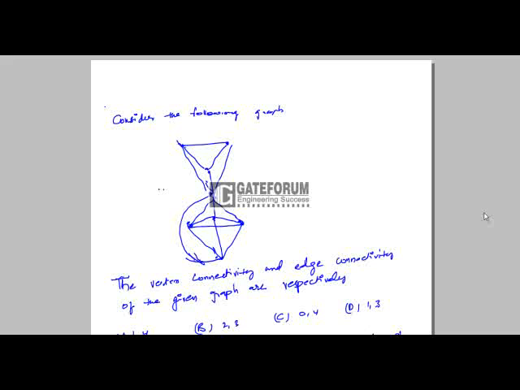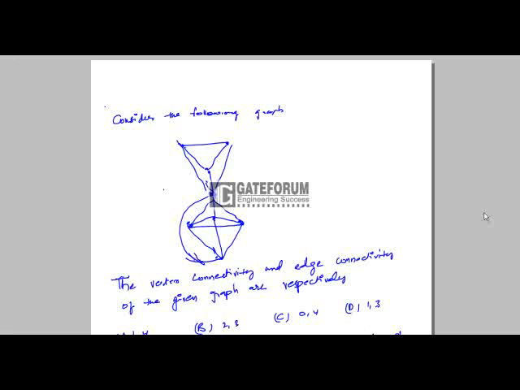So if we see the given graph here, the minimum number of vertices that should be deleted in order to make the graph disconnected is 1. If we delete this vertex, we can see that the graph would be disconnected into two components.